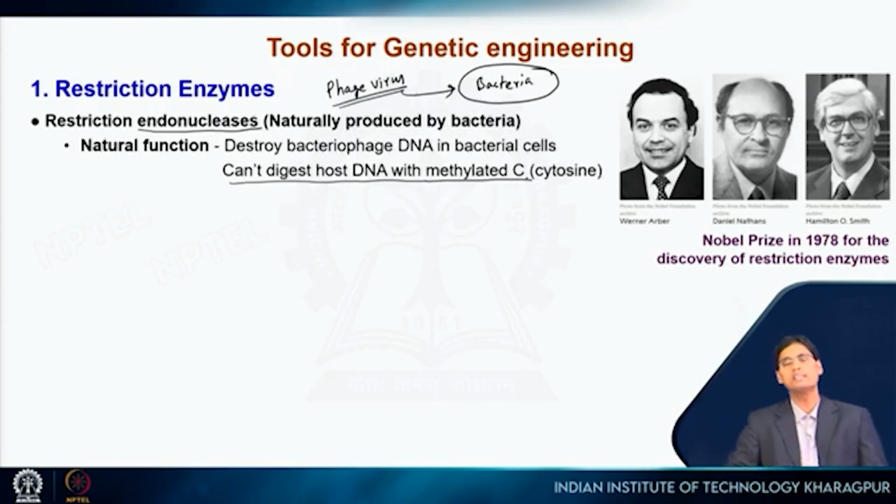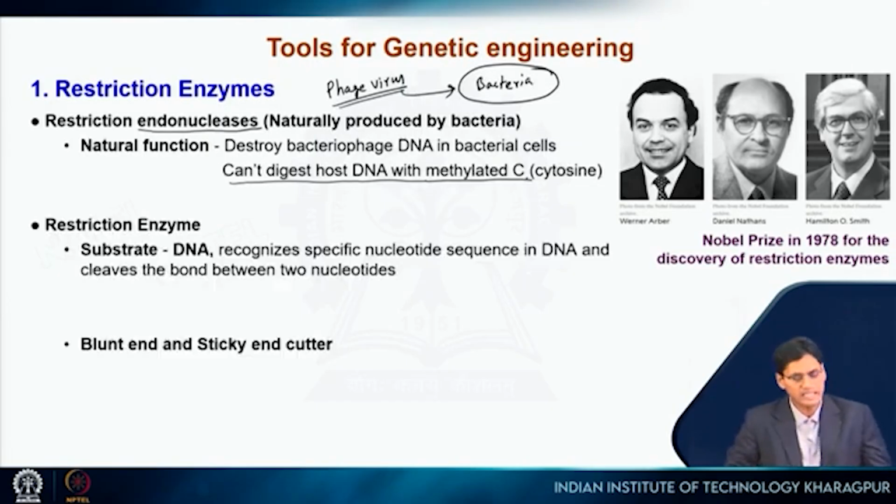In bacteria, there are different types of modification systems. They modify their DNA in such a way that this endonuclease can understand, so they will not cleave their own DNA. They will only mount a response against the foreign DNA, for example, in this case, phage virus DNA.